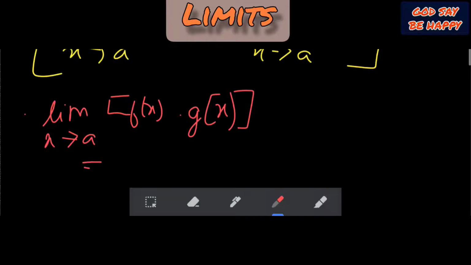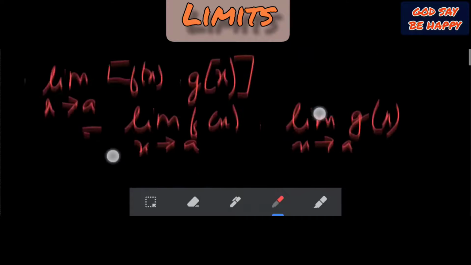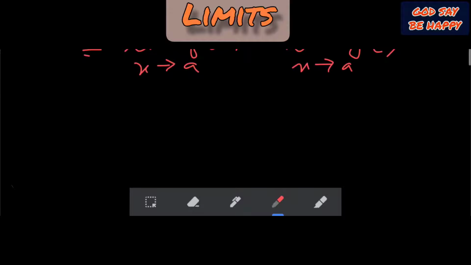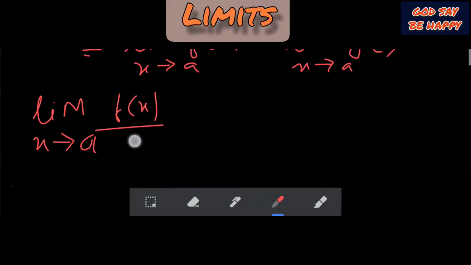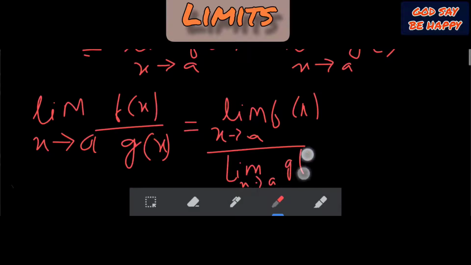Now in this also we will calculate limit of f x and g x individually and we will multiply. So limit f x x tending to a dot limit g x x tending to a. For division also we will calculate limit individually: limit x tending to a f x upon g x is equal to limit x tending to a f x upon limit x tending to a g x.